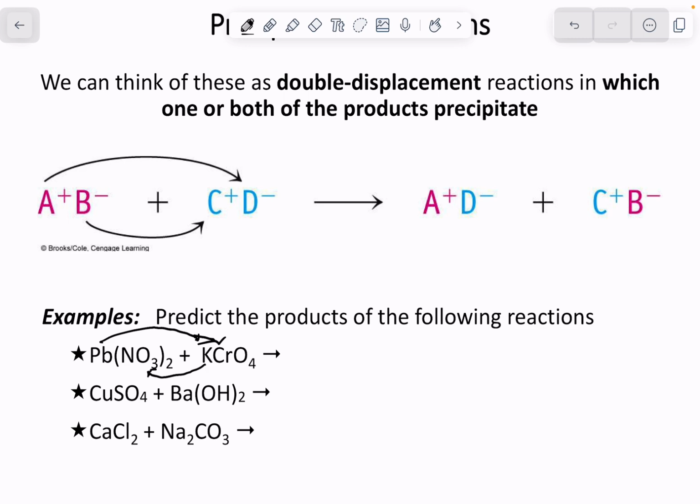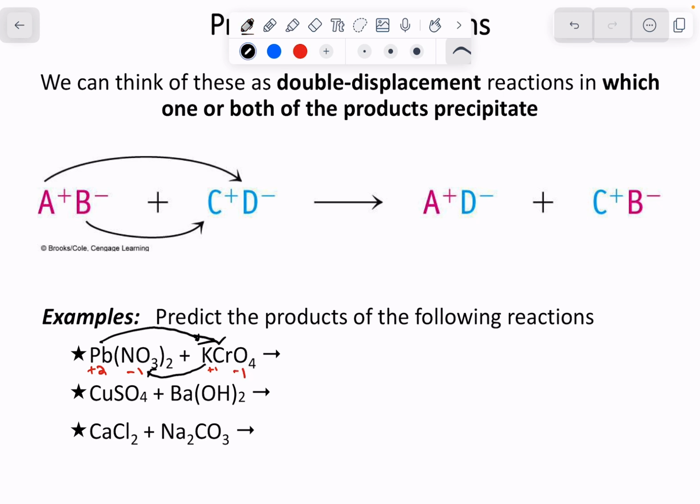The one thing you have to be cautious about is the charge of these species. If we take a look, the charge on the lead is +2, the charge on the nitrate is -1, the charge on this potassium is +1, and the charge on the CrO4 is going to be -2.